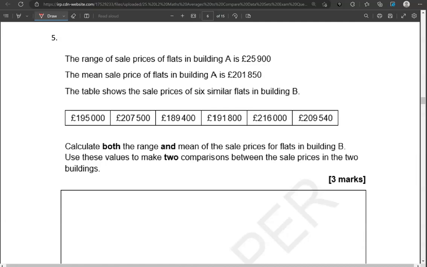Okay, so the range of prices in Building B is 216,000 because that's the highest price, take away 189,400, which is the lowest price.